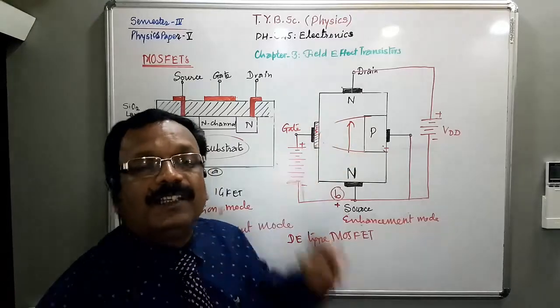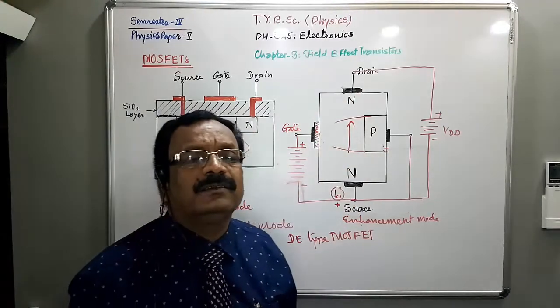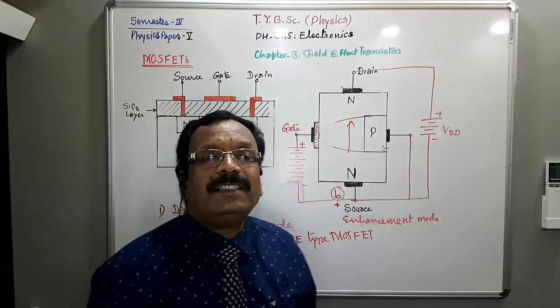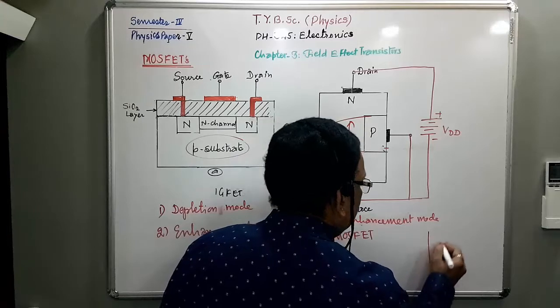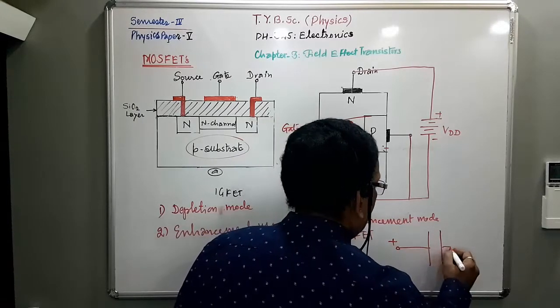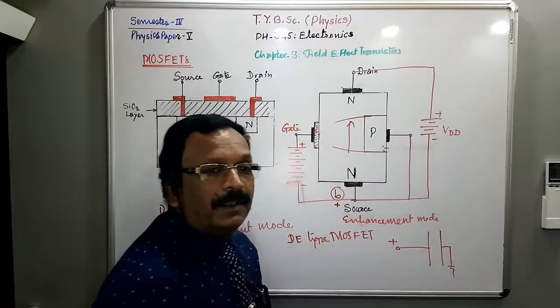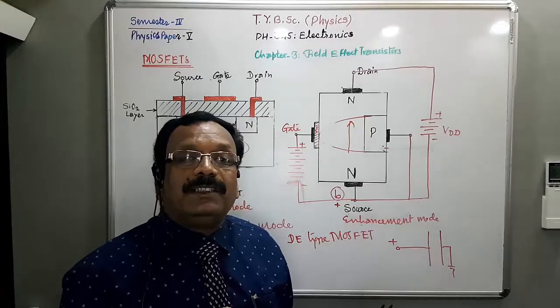When we visualize the entire structure of this MOSFET as a parallel plate capacitor. Okay. What happens in a parallel plate capacitor?